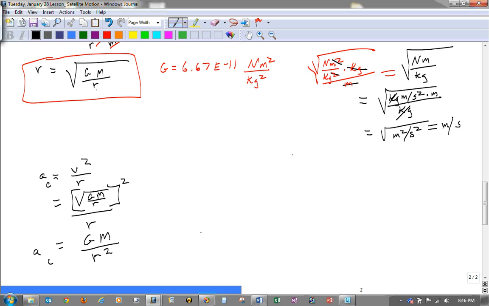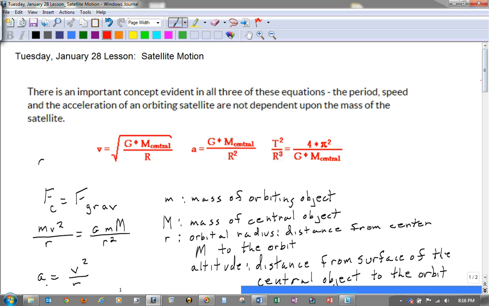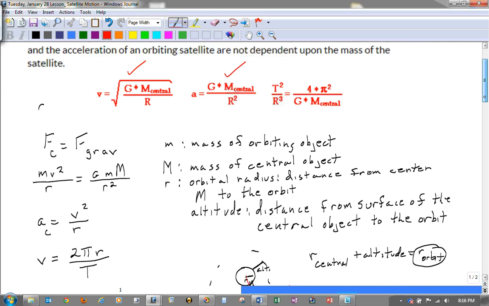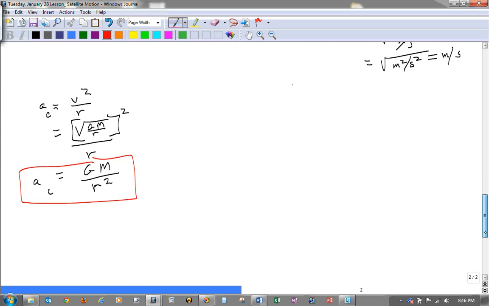And that is your formula for centripetal acceleration for any satellite in orbit around that mass. And that takes care of this formula and this formula. Now, in looking at the ratio of T squared to r cubed, that is Kepler's law of harmony, let's go down and see what we can do with it.